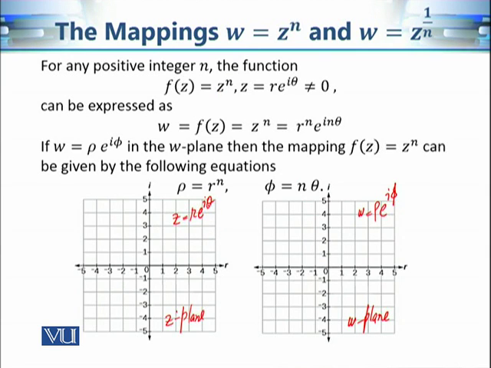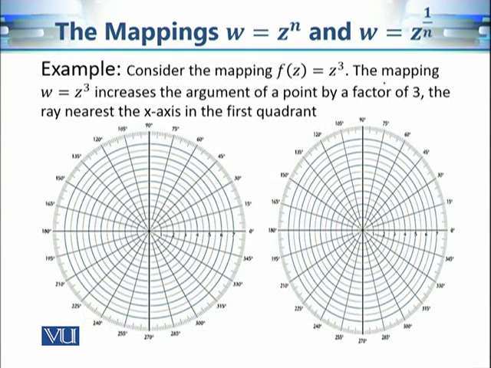And similarly the argument of this complex number is multiplied by this number n. So of course the argument will be increased by this factor of n.